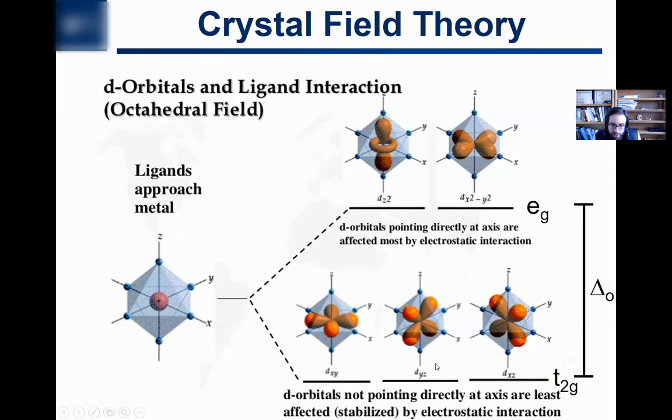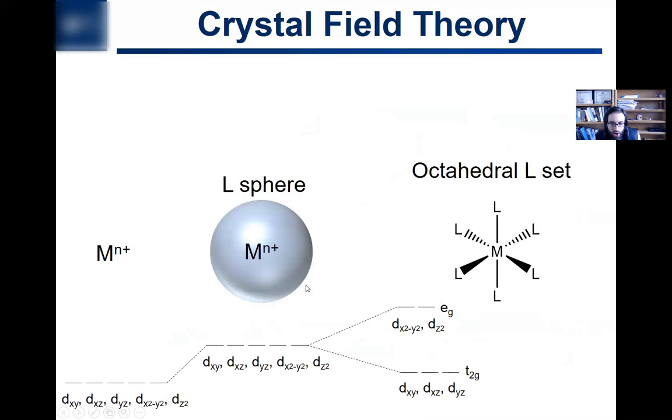We call the difference between the Eg and the T2g in octahedral symmetry delta O. So O stands for octahedral, delta just means change, right? So it's change in energy, we call it delta O. So our finished crystal field theory diagram when going to an octahedral ligand set looks like this. We start with a metal ion, five degenerate d orbitals.